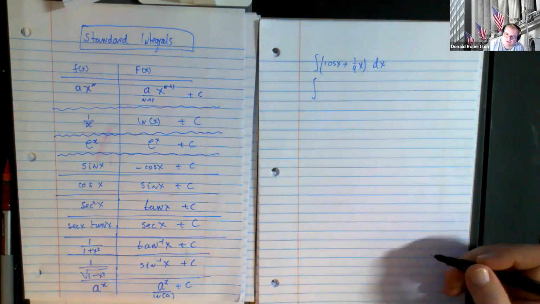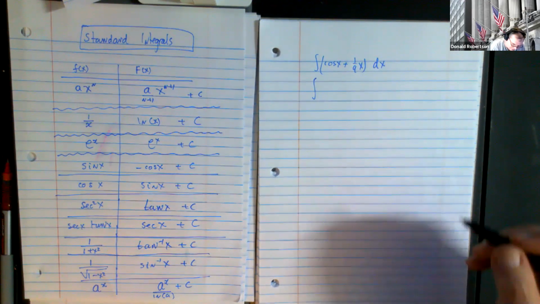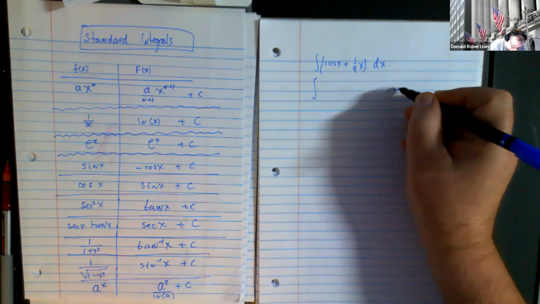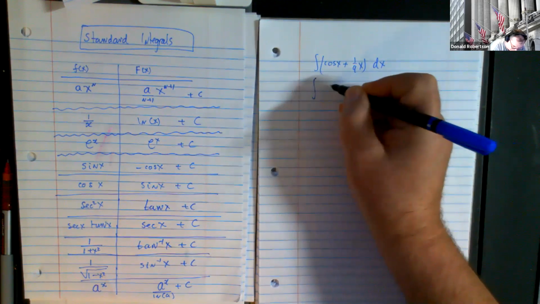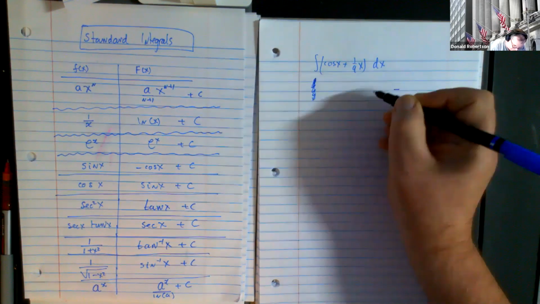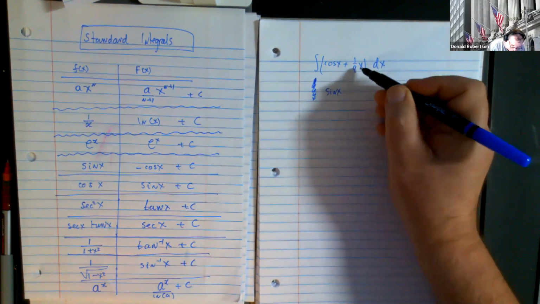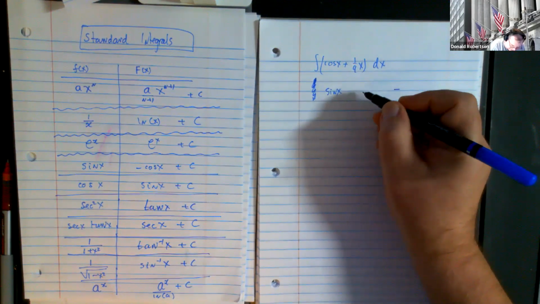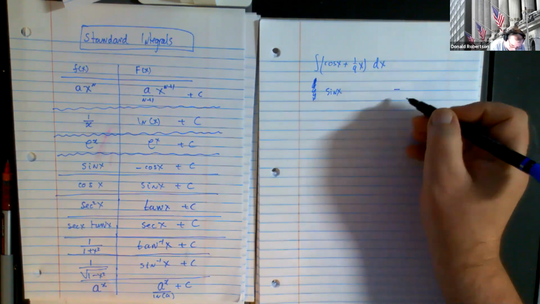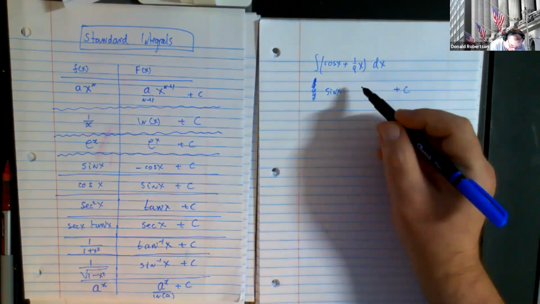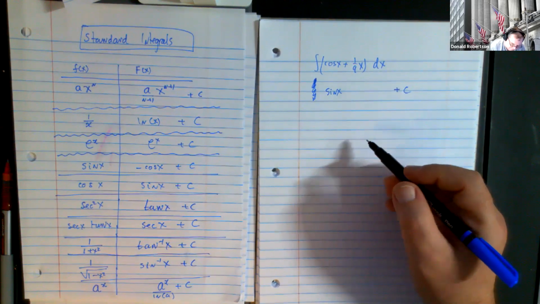What is the antiderivative of cosine? Sine. And the antiderivative of 1/9 x? Think power rule.